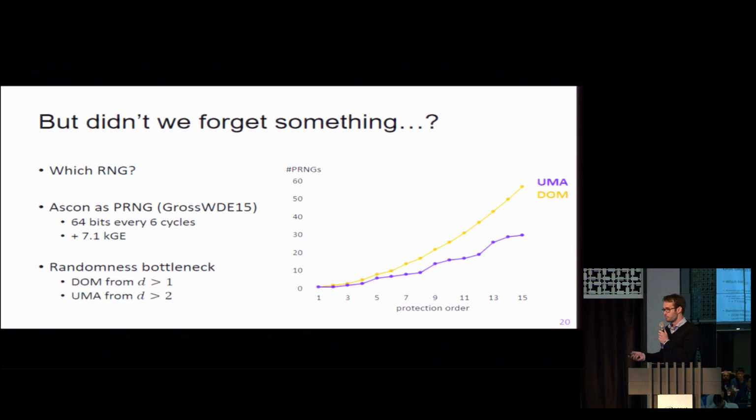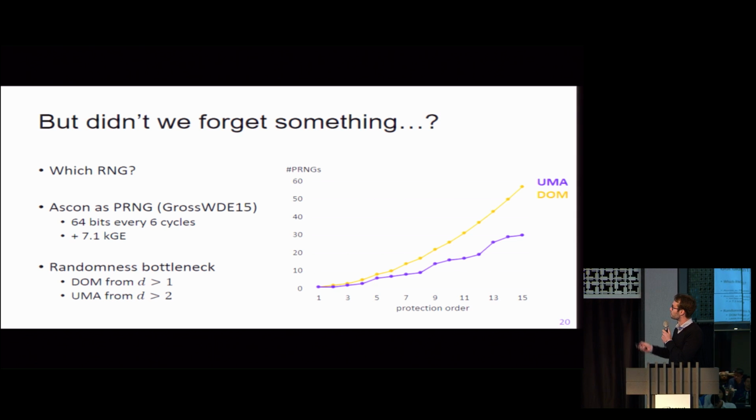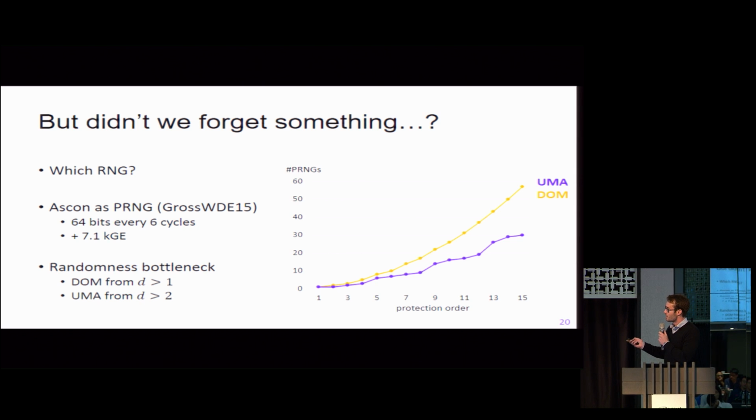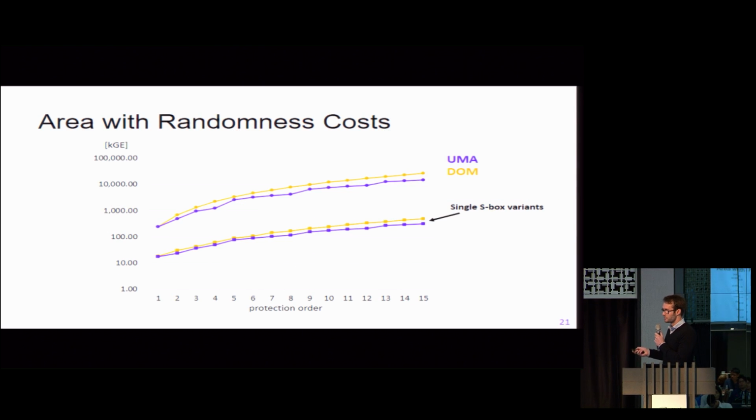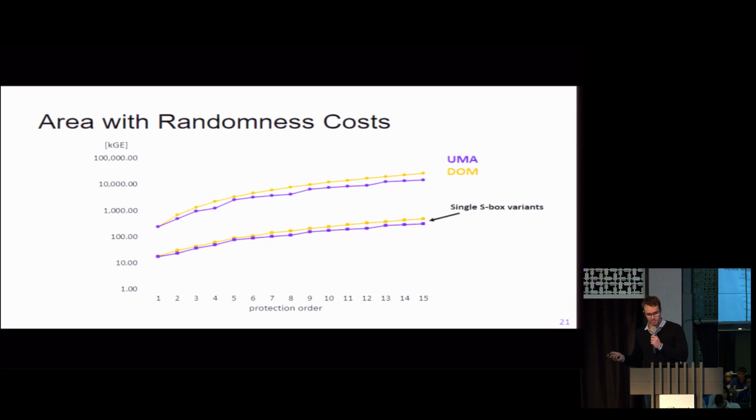And for DOM, this is a little more moderate. And if we take these numbers into account, then we see that the UMA is actually less area hungry than the domain-oriented masking scheme.